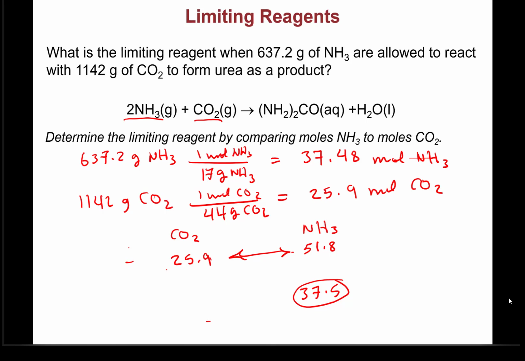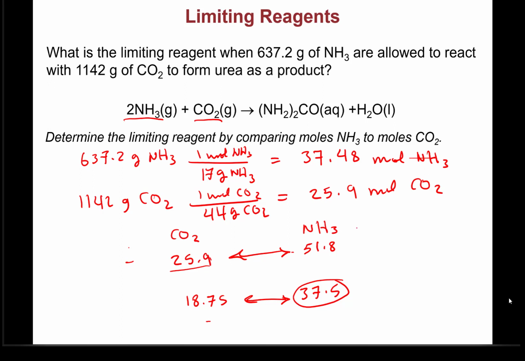One other way to make this comparison, if you were to consume all the 37.5 moles of ammonia that we have in the mixture, it actually only needs 18.75 moles of carbon dioxide, which is much less than what we actually have. So consuming all the amount of ammonia is going to consume some of the carbon dioxide and leave excess carbon dioxide behind.